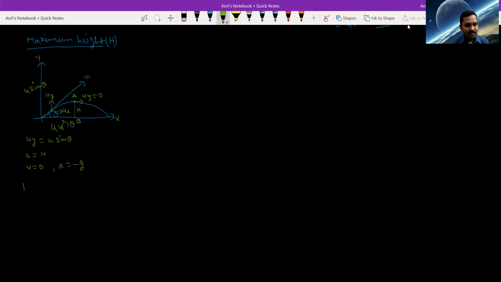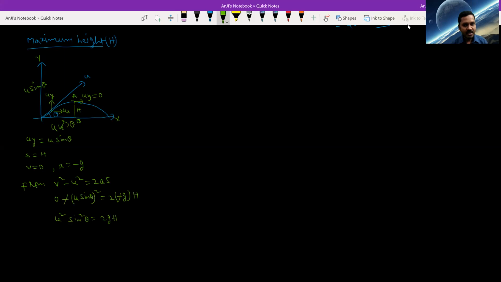So from v square minus u square is equal to 2as, v is equal to 0, minus u sin theta whole square is equal to 2 into a, which is minus g, into s, which is h, the maximum height. Then minus minus cancel. So after squaring, u square sin square theta is equal to 2gh.